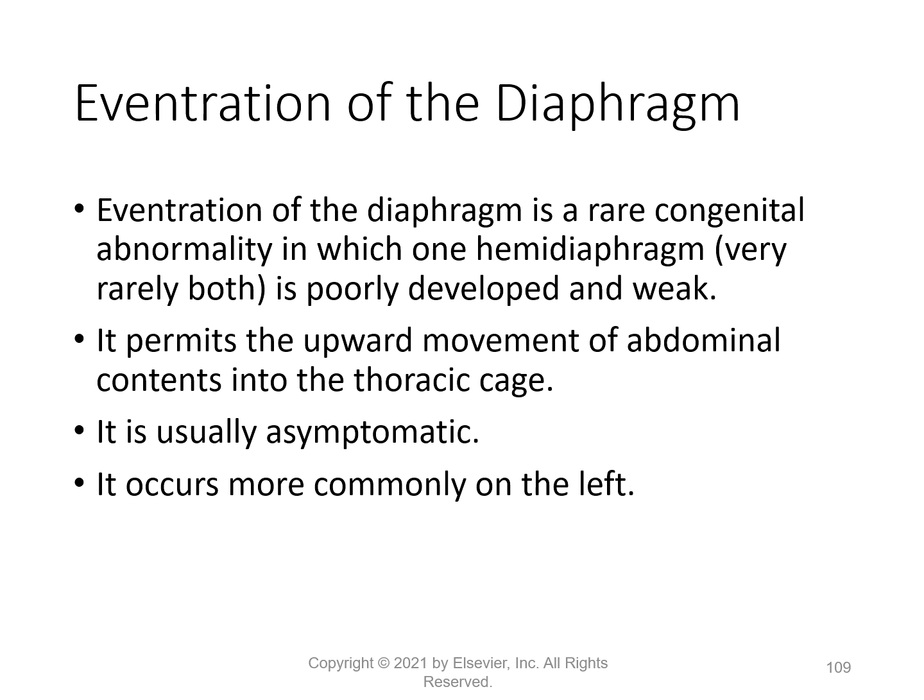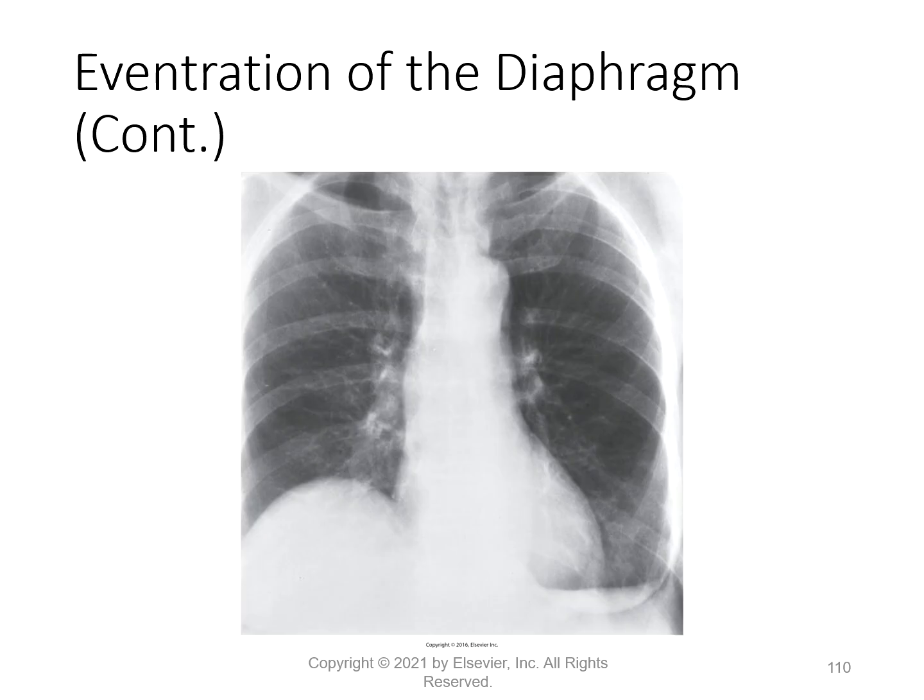So basically, because the diaphragm is so weak, it doesn't push down those abdominal contents, and it allows them to push up into the thoracic cavity. It's usually pretty asymptomatic, and it occurs more commonly on the left than the right. And here's just an example. So it's still moving, but it's weak, and it's much higher because it's not holding those abdominal contents down.